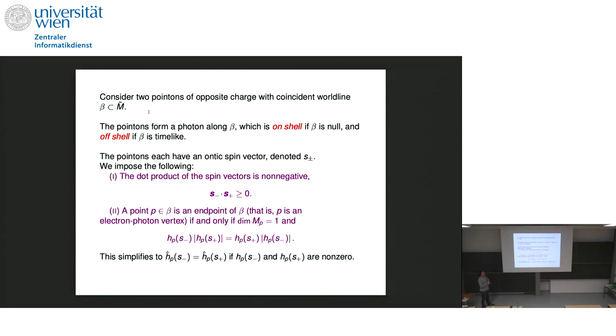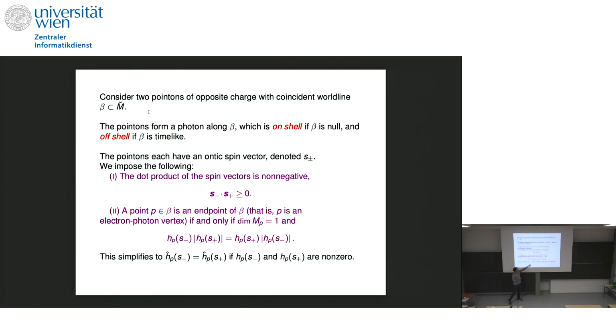We impose the following conditions. One, the dot product of these two spin vectors is non-negative. So S minus could go with the pointon with the past or time-like orientation, and S plus with the pointon with the future directed time-like orientation. And second, a point P is an endpoint of beta if and only if the dimension of the internal tangent space at P is 1.